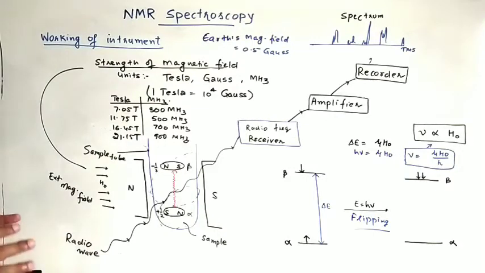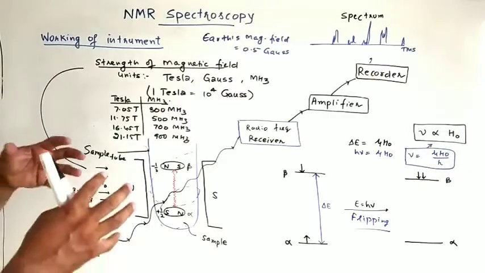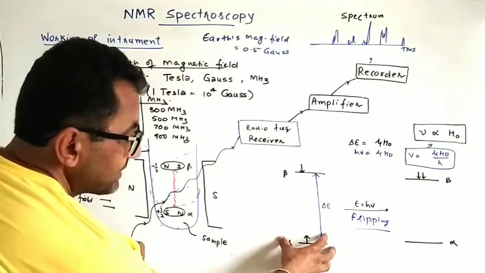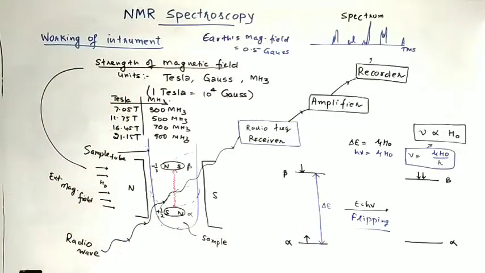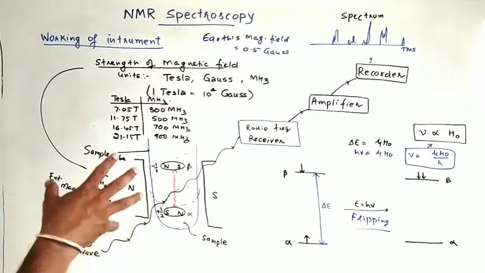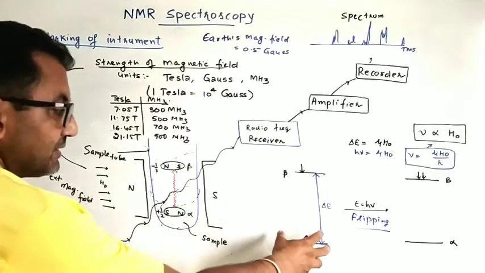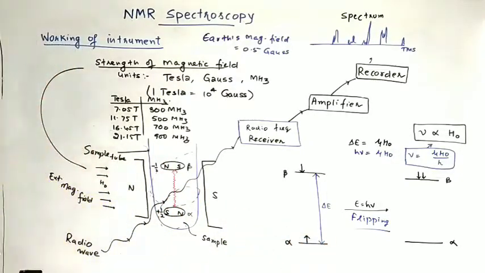The stronger the external magnetic field, the more frequency is required to flip the proton from alpha to beta, because a high field strength holds the proton tightly in the alpha state, the more stable state. Then we require more energy to make it flip. That's why the frequency used will be more.